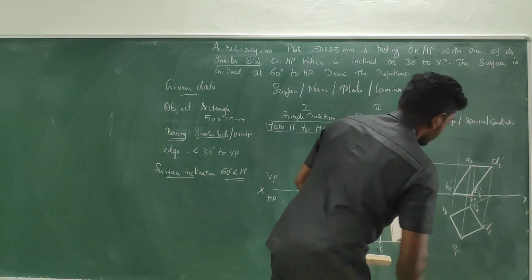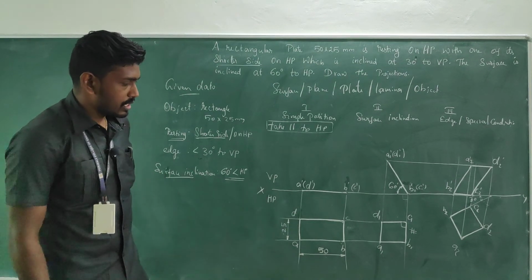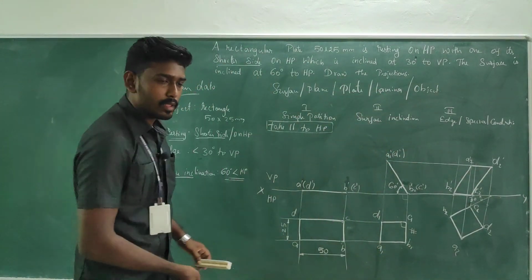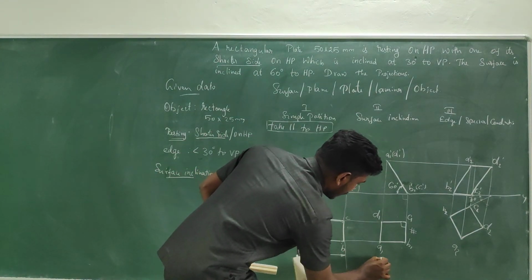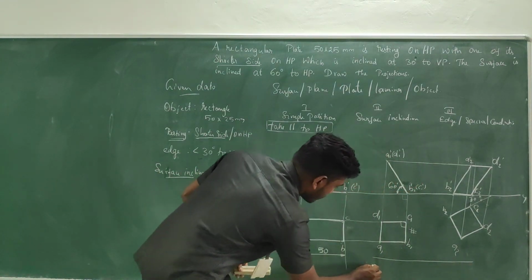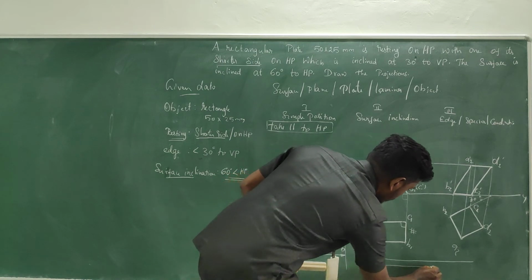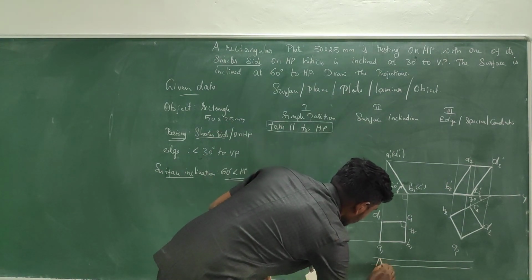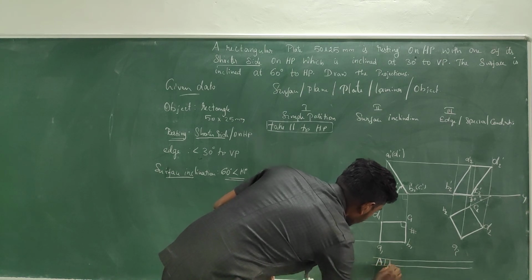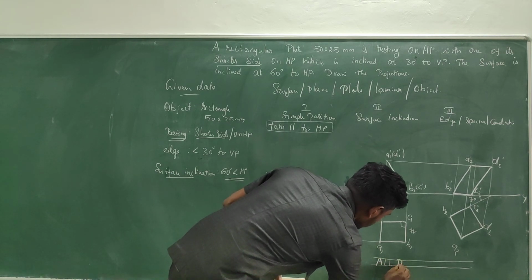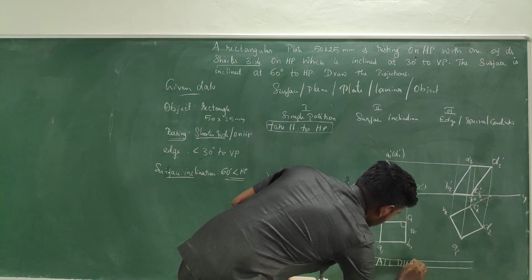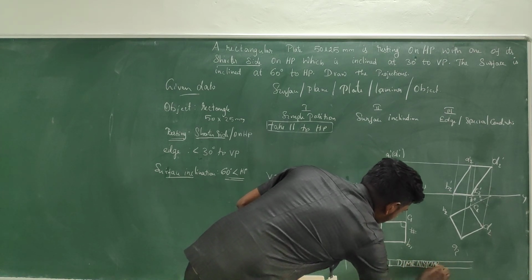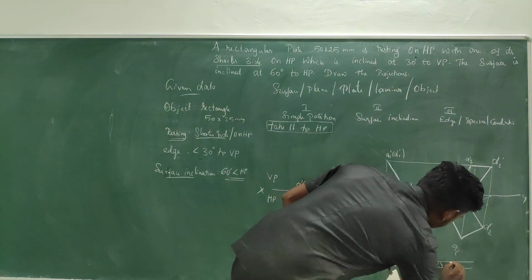What is next? Note about the dimensions. So take the dimension line, 5 mm gap, and write all dimensions in mm.